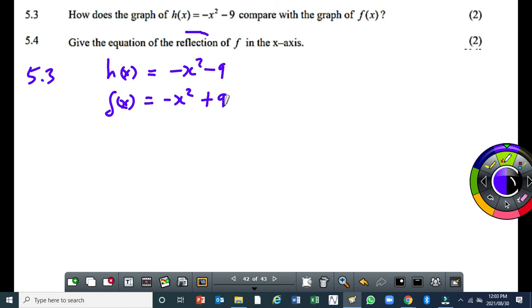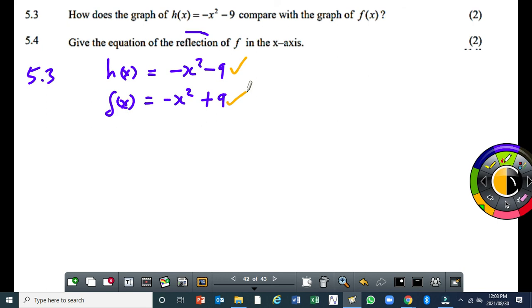Both of them have maximum turning points. But h of x has a maximum turning point at y equal to minus 9, and f of x has a turning point at y equal to 9.